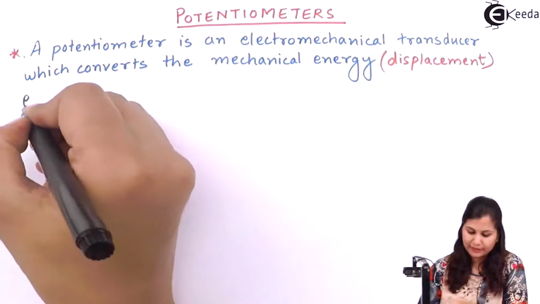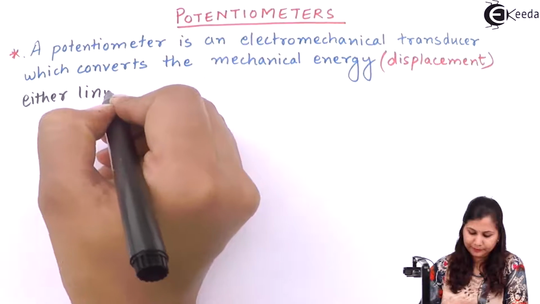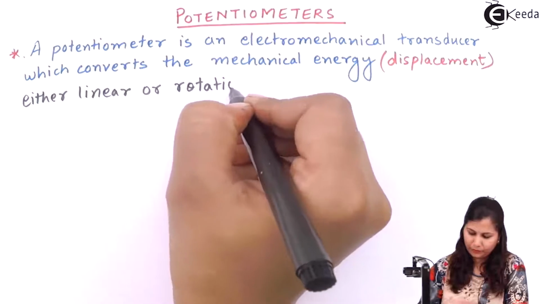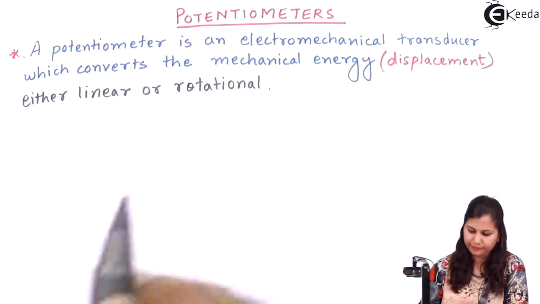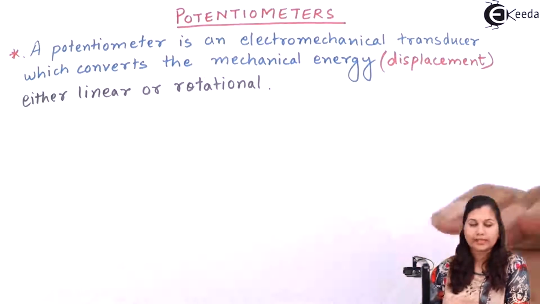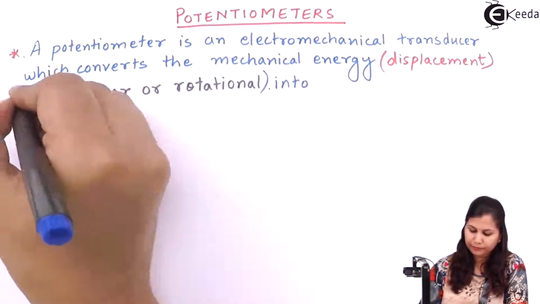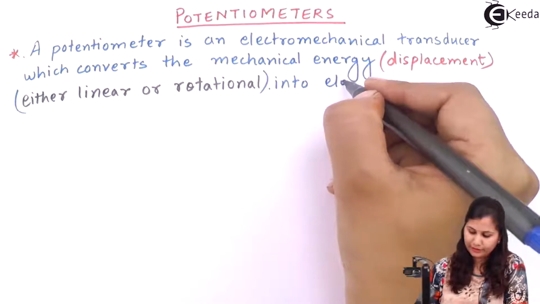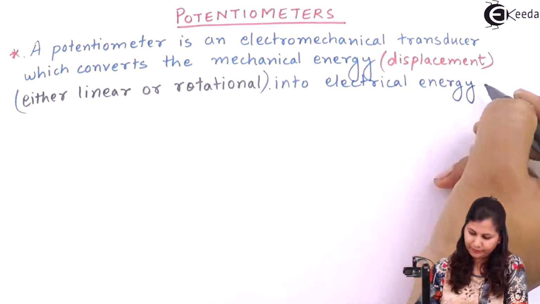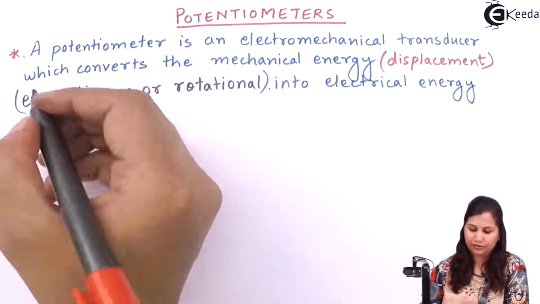So this displacement can be either linear or rotational. Okay, so this potentiometer converts the mechanical energy into electrical energy, and this electrical energy is voltage.